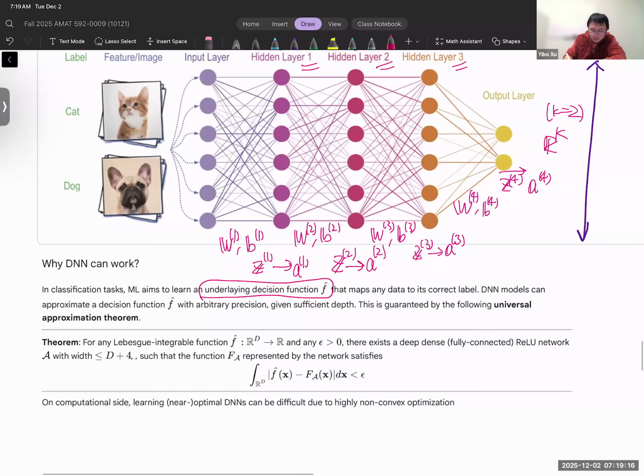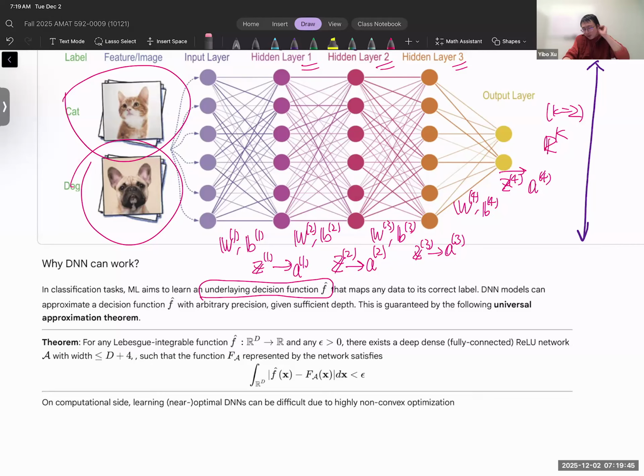This function f hat is possibly not very nice, but essentially it is nice in the sense that if you give me a figure of a cat, I will give a 1, and give me a figure of a dog, I'm going to get a 0. So to classify a cat, it's always sort of a perfect function.